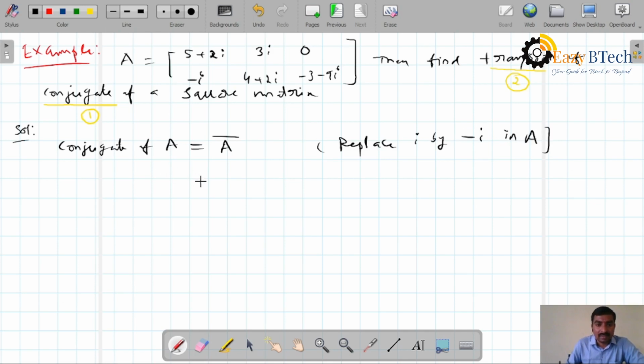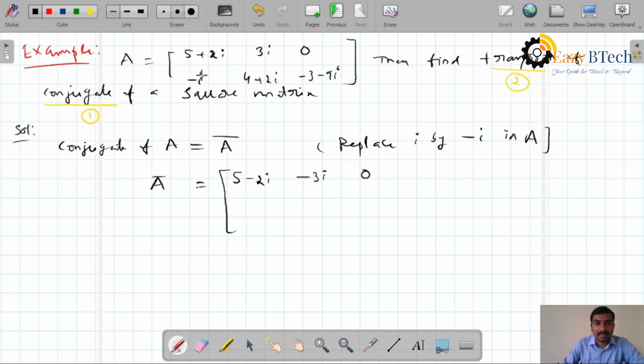So A bar equals: see the matrix A, 5 plus 2i. At the place of i, replace minus i, then you will get 5 minus 2i. Here 3i becomes minus 3i. This is 0, and 0 is a real number, not a complex number, so you simply get the same number.